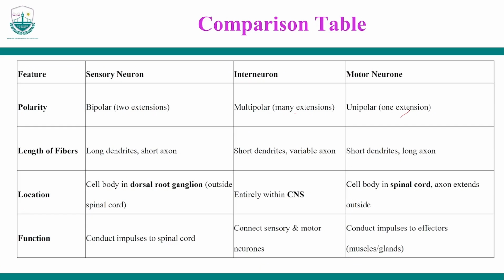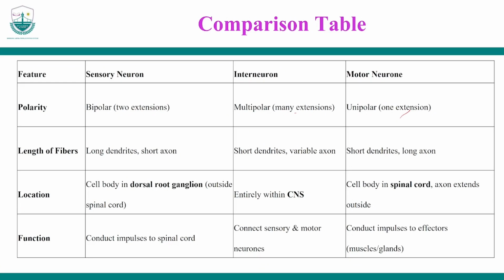They end up with the other neurons. Okay, so that means this end you need to have dendrites, and then the other end you also need to have dendrites. So possession of multiple extensions is logical in that case.